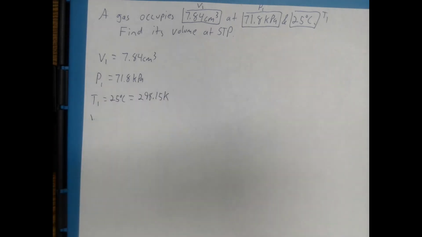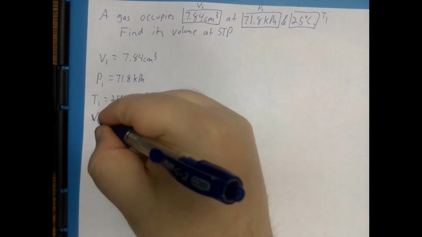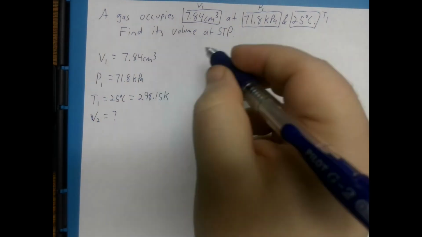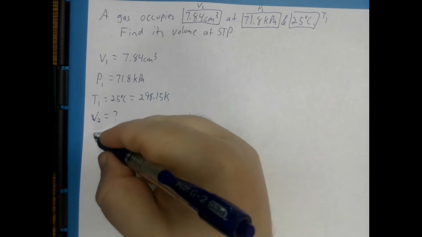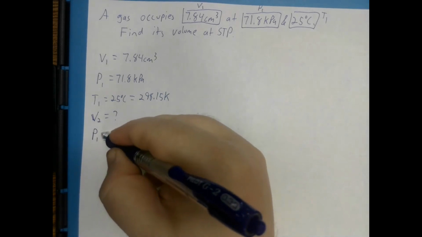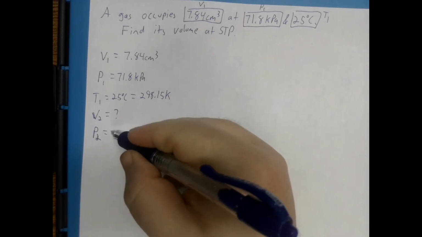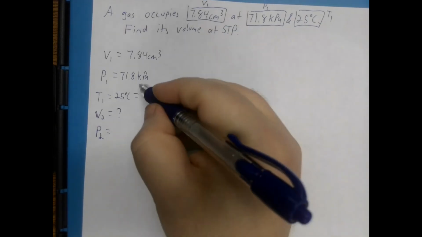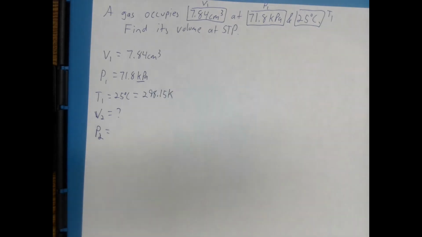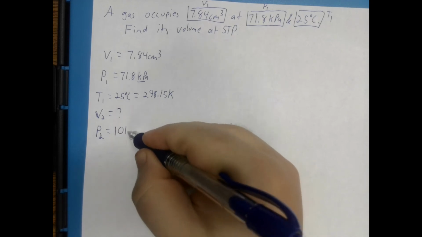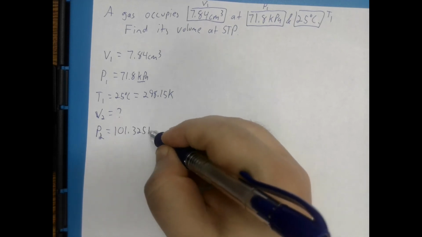Alright, so we're solving for final volume, and it's at STP. So standard pressure, and that would be P2, because we're looking for final. We have to look at what units here, because standard pressure is 1 atmosphere, but we're using kilopascals, so we use 101.325 kilopascals.